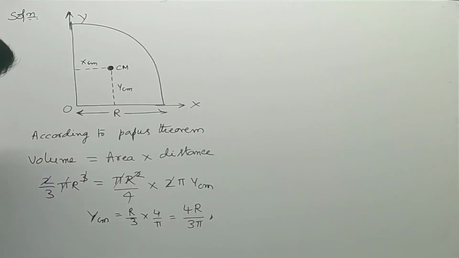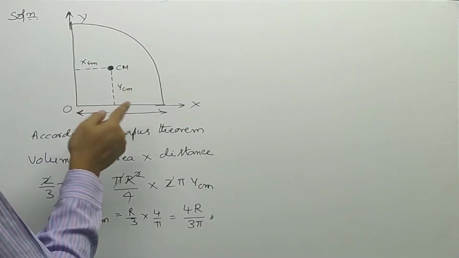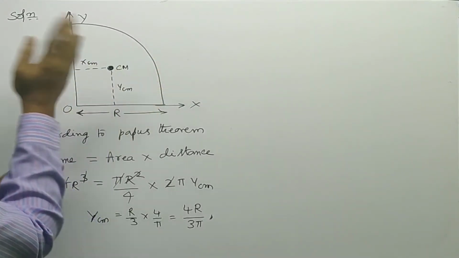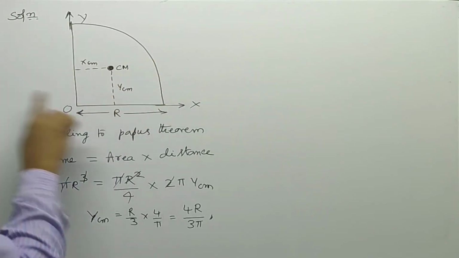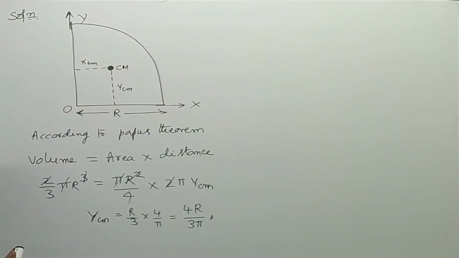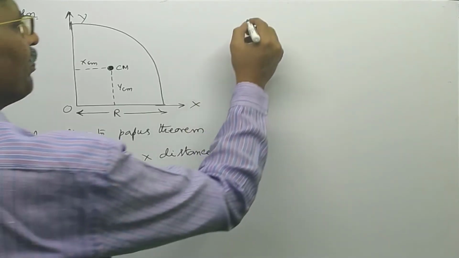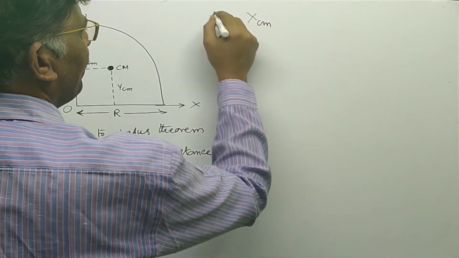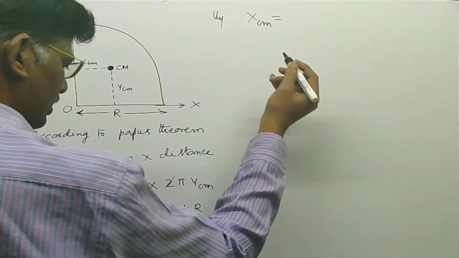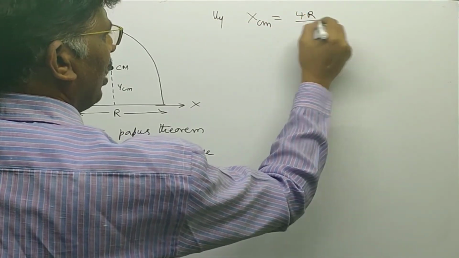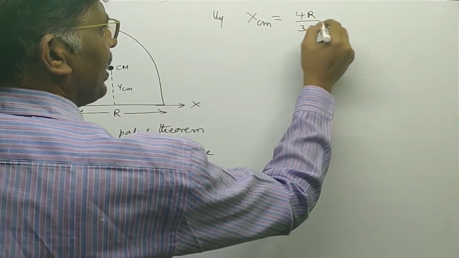Similarly, if the quadrant of the circular plate is rotated about the y-axis, similarly we can get xcm also. That is, xcm is also equal to 4r divided by 3 pi.